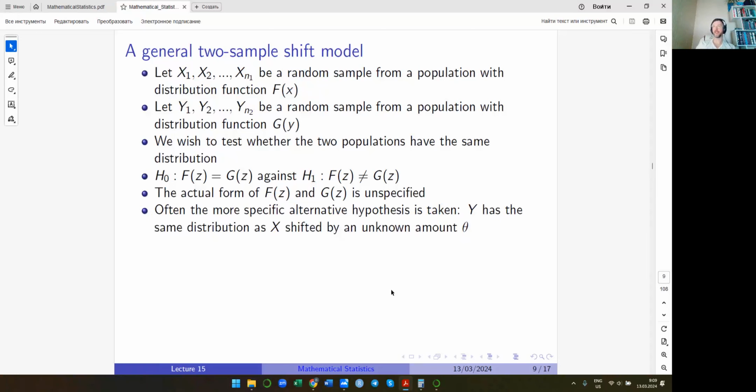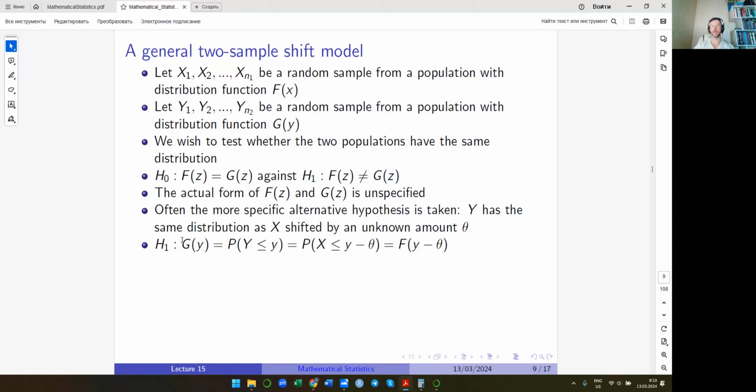And in most cases, we are fine with the following simplification. You have to understand that this is a simplification of the initial hypothesis. The simplification is that y has the same distribution as x, so the shapes of the two distribution functions are the same, but the distribution of y is shifted by some unknown amount theta.